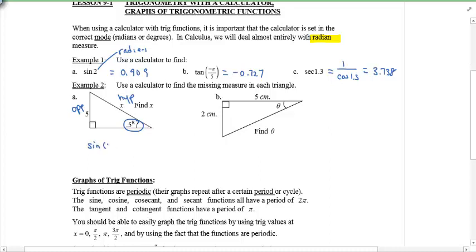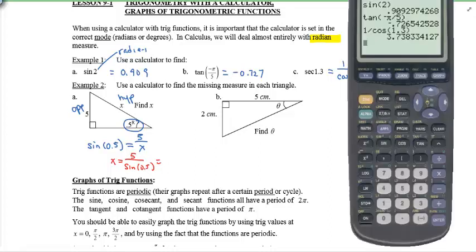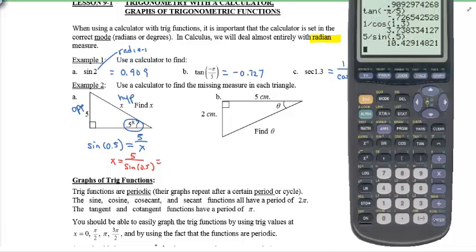Sine. And this is now sine of 0.5 radians is equal to opposite over hypotenuse. To solve for x, we'll just do some division then. So 5 divided by sine 0.5. This I can't do in my head, neither can you. So go to your calculator, punch it in, get the answer of about 10.429.